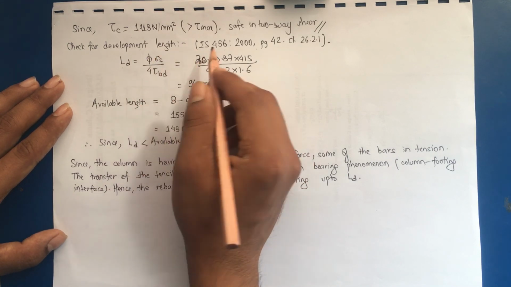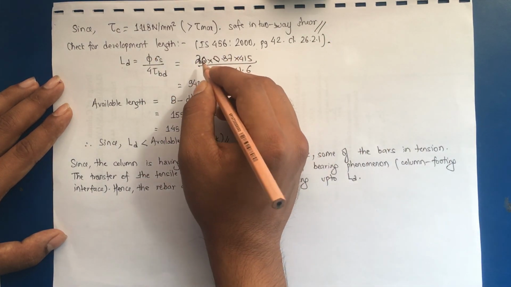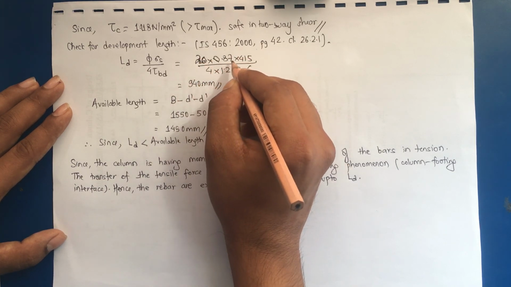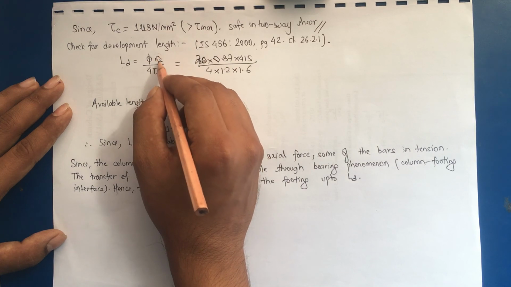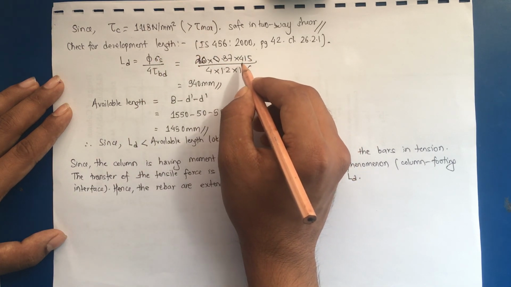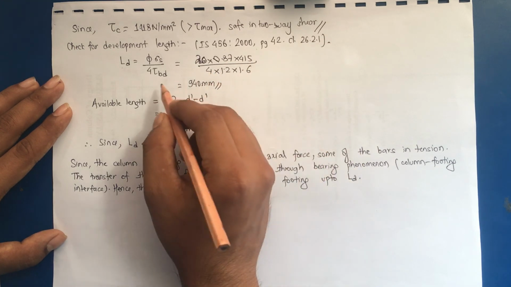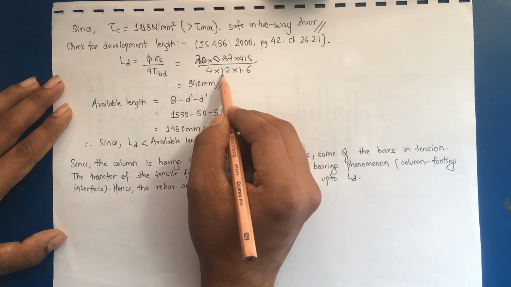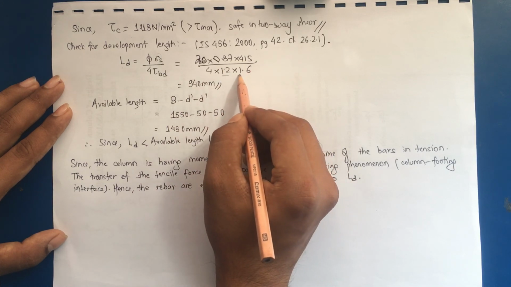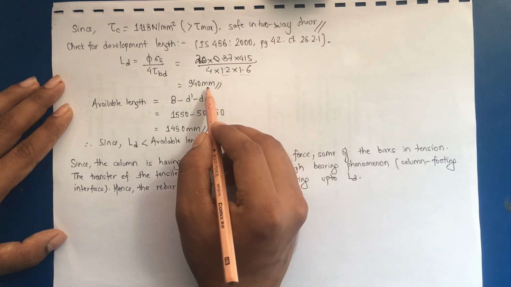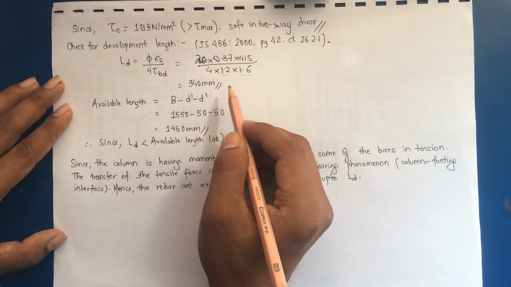So considering the column having a maximum bar size of 20, so 20 into 0.87, sigma s is nothing but stress at the design load, so 0.87 into 415 divided by 4 into the bond stress, and for M20 it is 1.2, and considering a deformed bar the value is increased by 60%, so 1.6, we get this value as 940 mm.